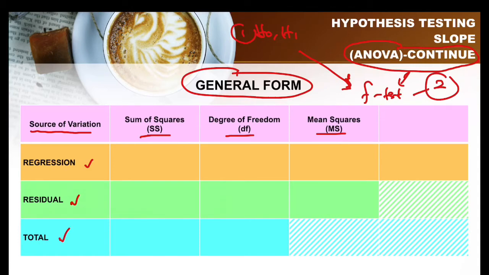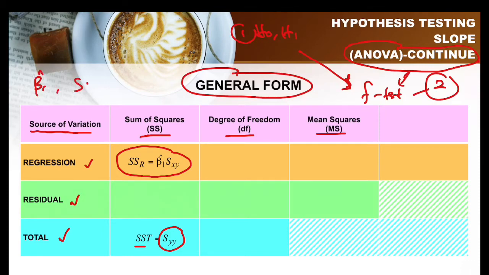Let's look at them one by one. Sum of square total, SST, is equal to SYY. You have learned before how to calculate SYY. Next, SSR, sum of square regression, is equal to beta 1 cap times SXY.